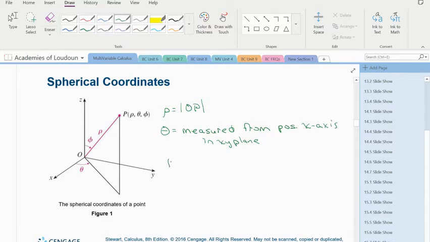And phi is the angle between the positive z-axis and the line OP.